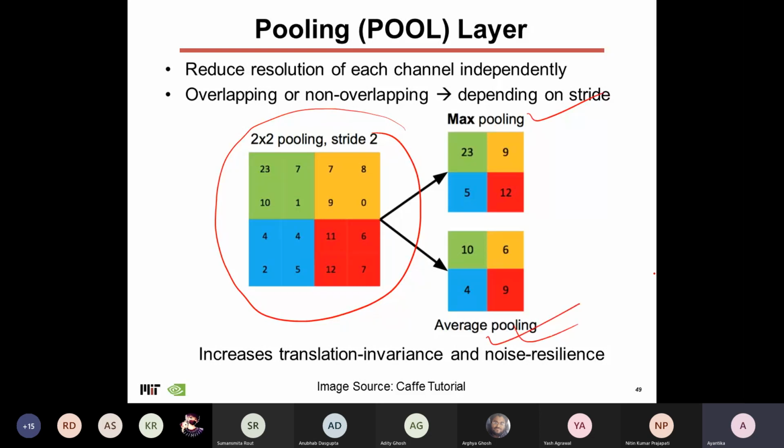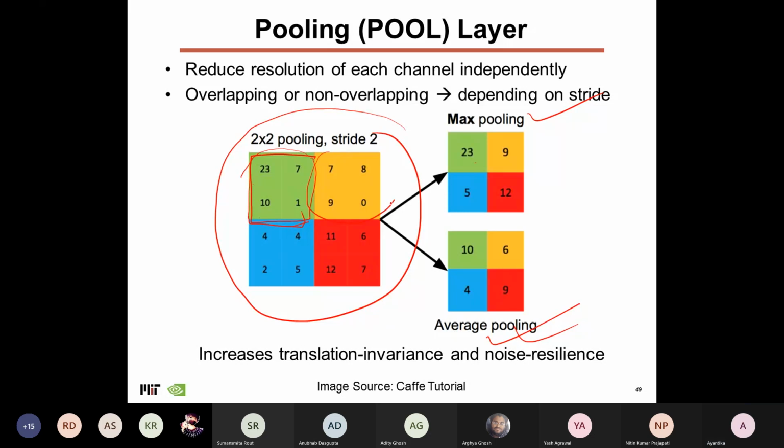In max pooling, once we are considering to pool among this 2 by 2 location, we just take the maximum value, like 23, 7, 10, 1 we have. We will just directly take the 23.